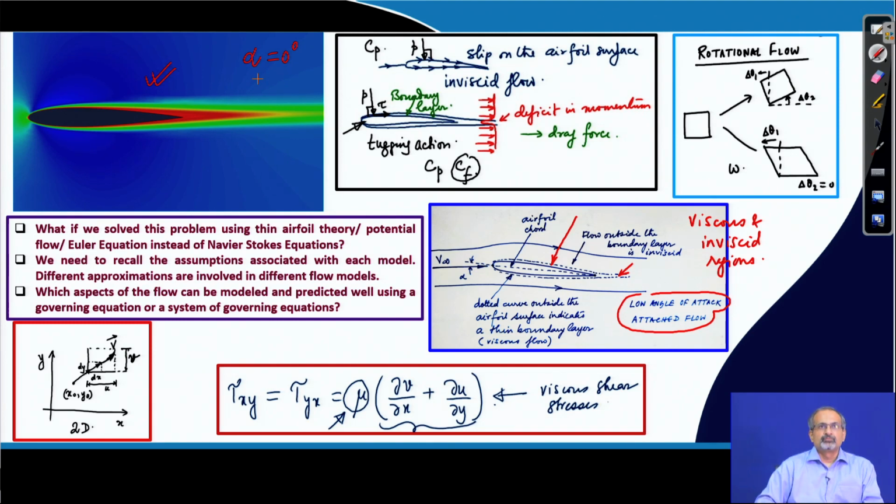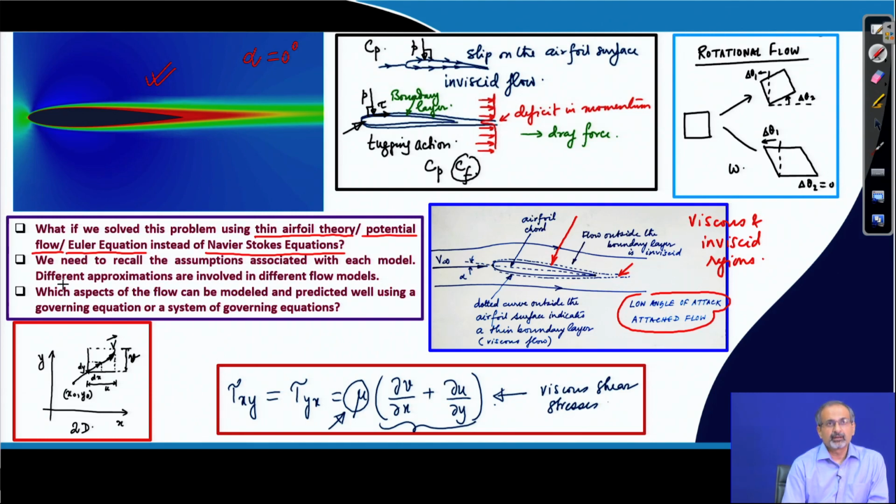Now, there could be questions coming to your mind: what if we try to solve this problem, that means the same geometry, by using a thin airfoil theory or potential flow or Euler equations instead of the Navier-Stokes equations? What would be the outcome if such theories were used? Can we at all use them? And if we use them, what outcomes are expected from them? So, let us try to raise these questions.